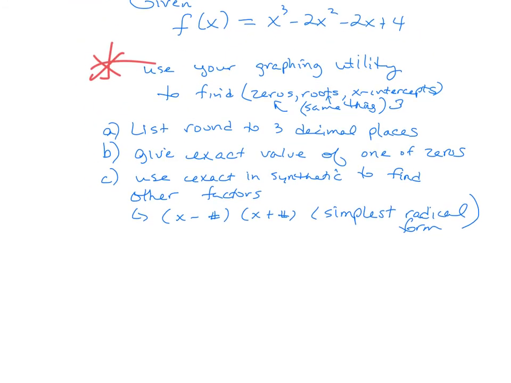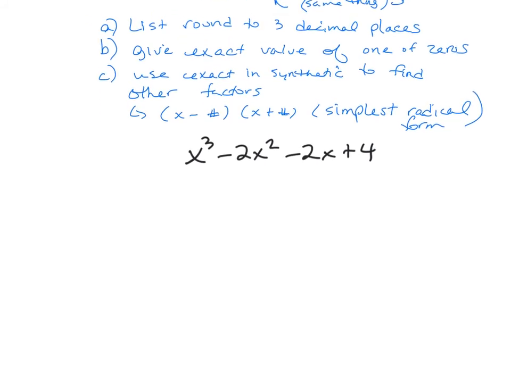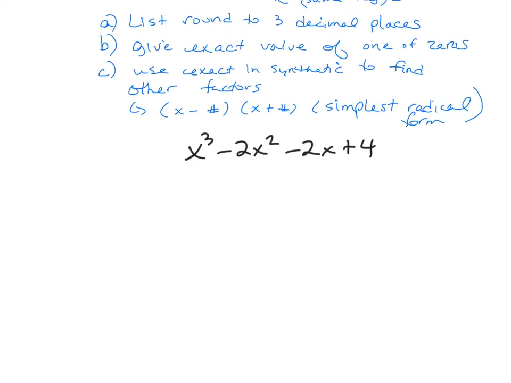I'm going to take my function, x cubed minus 2x squared minus 2x plus 4. I now know that my exact 0 is the positive 2. That's what I'm going to do synthetic division with.